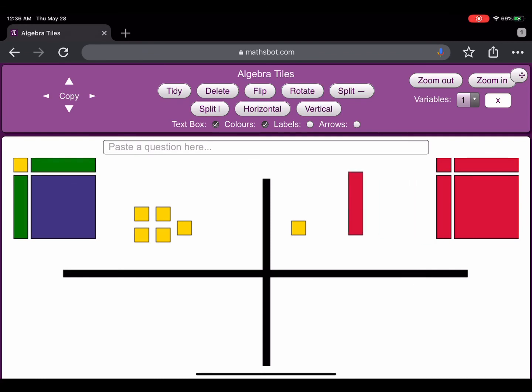So we're using a negative variable, negative x. I still want my x to be on its own, so I'll use my 0 pairs here, and I can get rid of them. And here's my answer. Negative x is equal to 4.